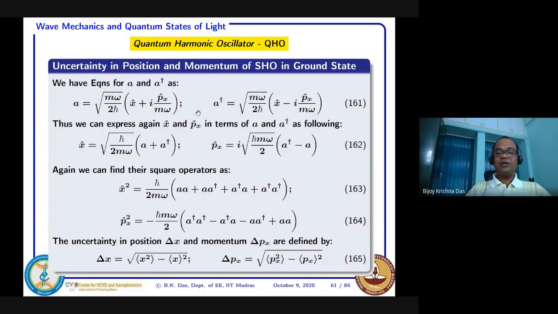From this A and A dagger, it is convenient to represent the position operator in terms of A and A dagger. You use these two equations. If you subtract these two equations, you get the solution for the px operator.